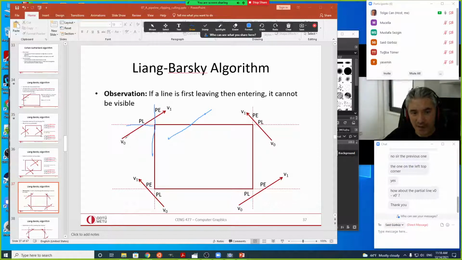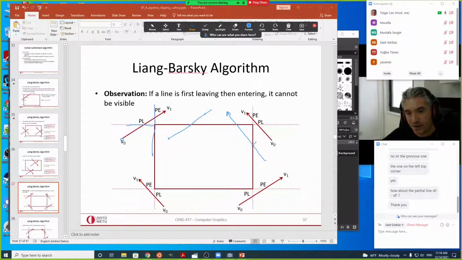If at any place as you're moving along the line from v0 to v1, you have a label PL first, then PE next, the line is completely invisible. Part of it cannot be visible if you are leaving and then entering.